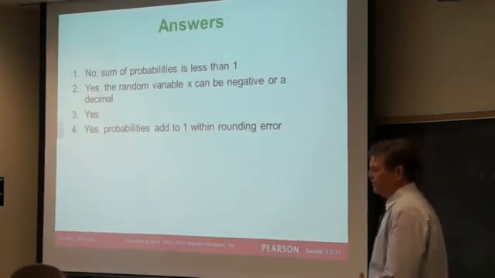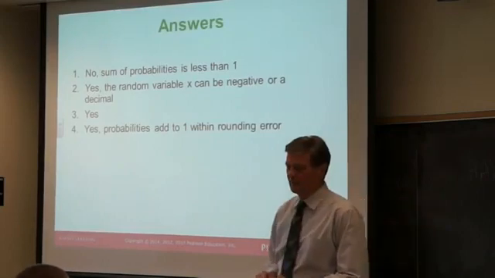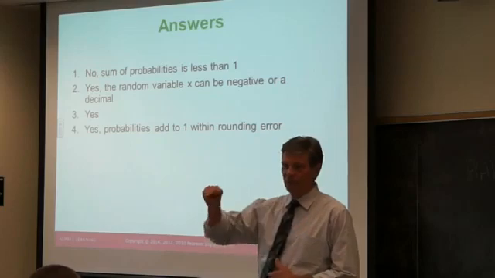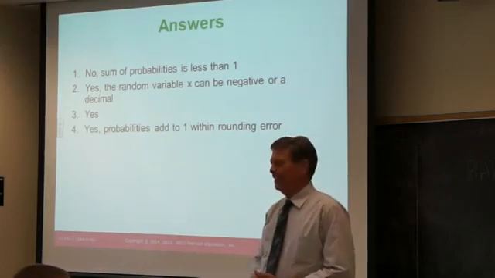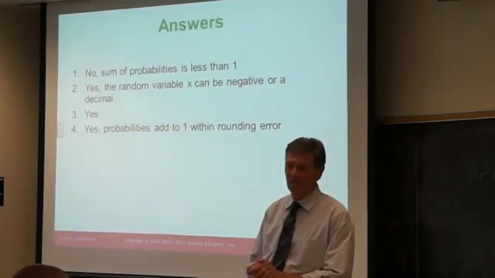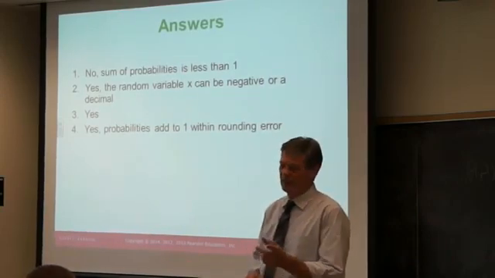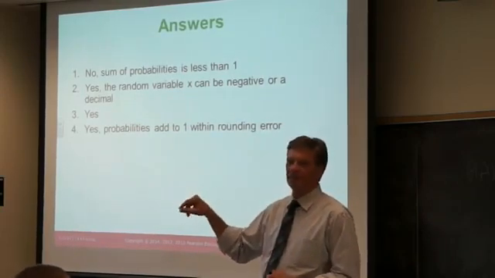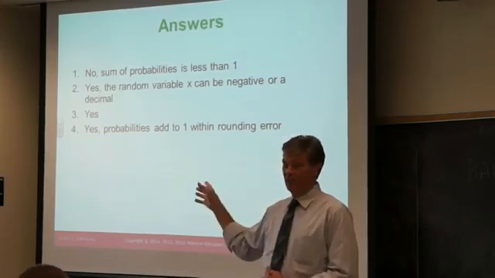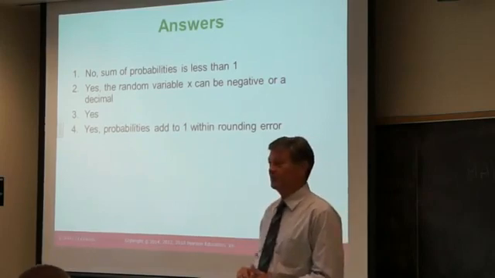There's going to be a lot of times we're working with probabilities and we get fractions like a third, 0.33333, and they're never going to add up to 1 precisely. We'll have to round at some point. 0.9999, that's good enough. 0.95 is not. We saw that in the early example.